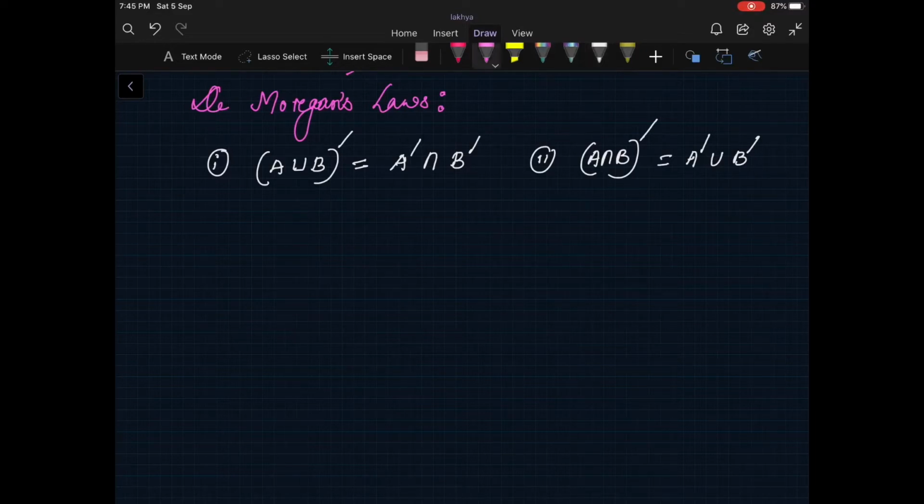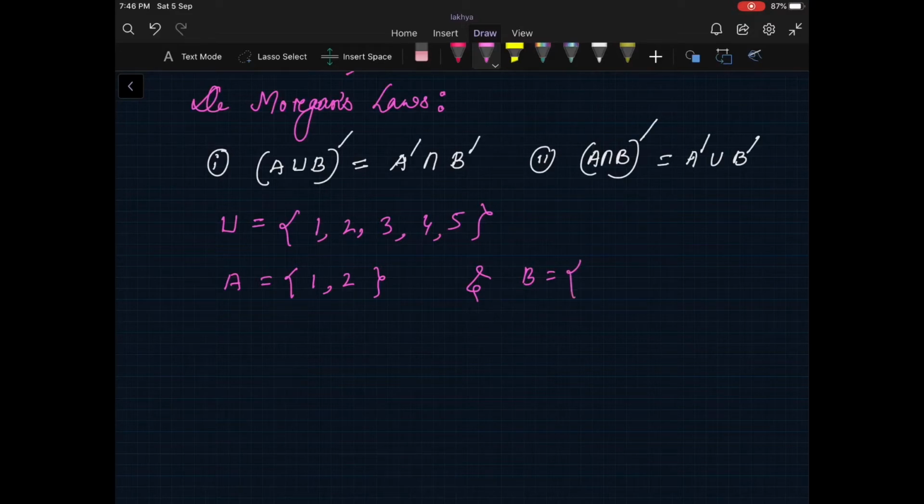Let me show you with the help of an example. Suppose U contains 1, 2, 3, 4, 5, and A contains 1 and 2, and B contains the elements 3 and 4.